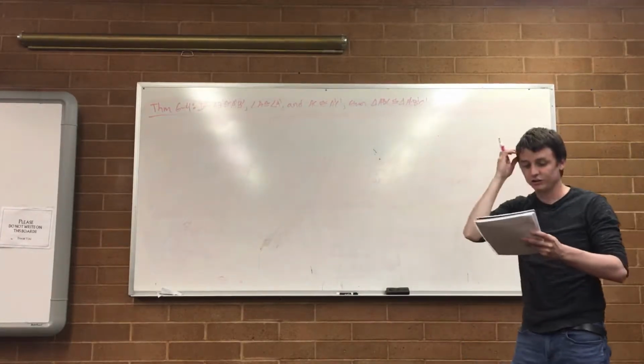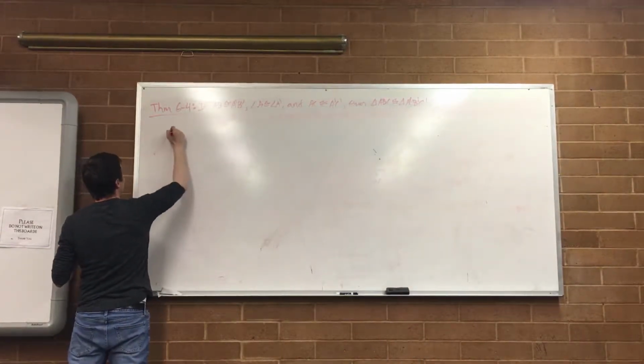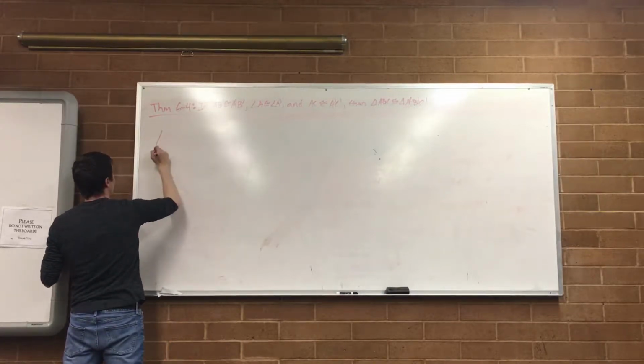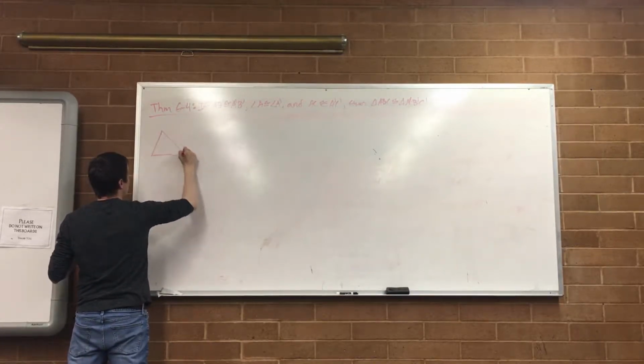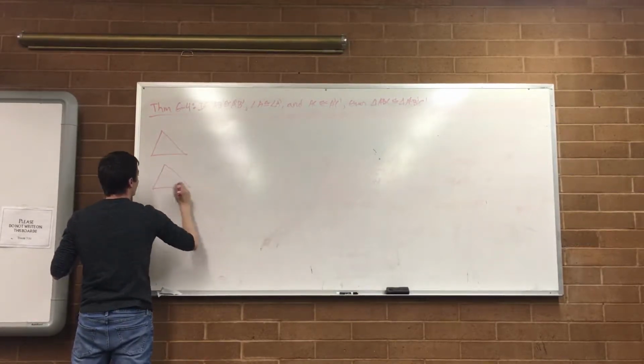Alright, so let's get our picture real quick so that we can see what we're talking about. So we're going to start with two triangles. Maybe draw them so that it's obvious from the picture which side we're referencing. So we've got two triangles.